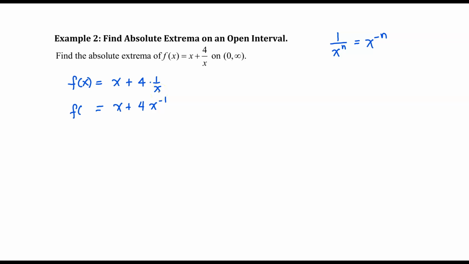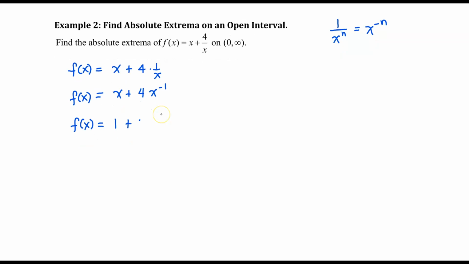Now we're ready to differentiate our function. The derivative of x is equal to 1, and for the other expression, by the constant multiple property, copy 4, and then differentiate x to the negative 1.